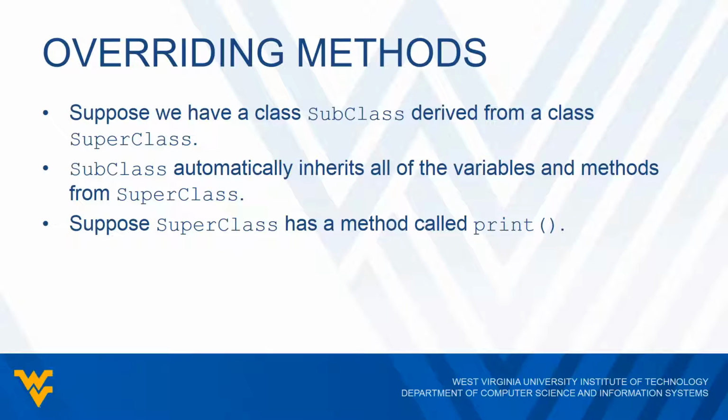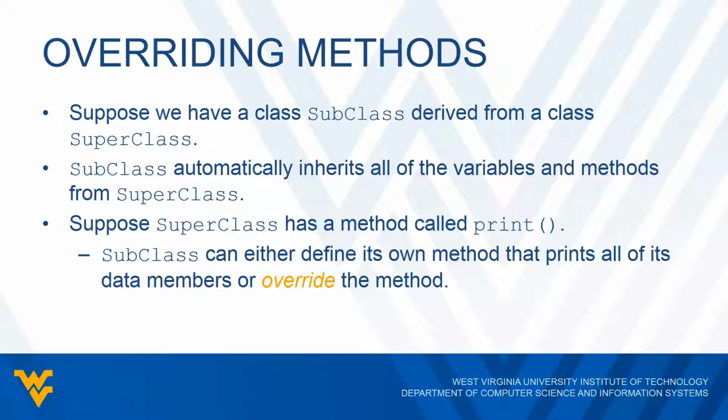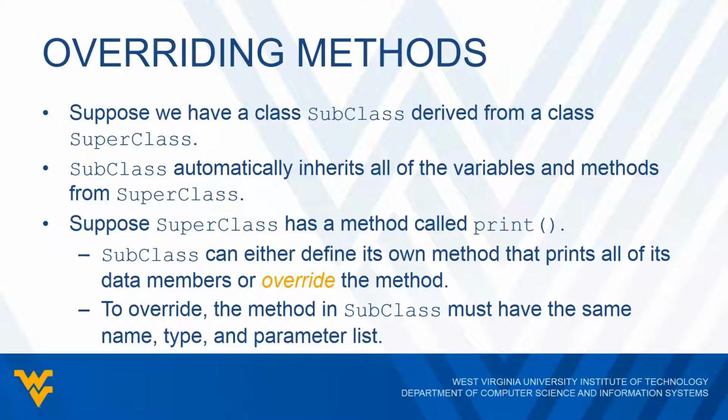We can either create and define our own method that would print all of its data members, or we could override the print method. We talked a little bit about overriding earlier with our rules, but the idea with overriding a method is that the corresponding method in the subclass must have the same name, the same type, what I mean is the return type, and the same formal parameter list.